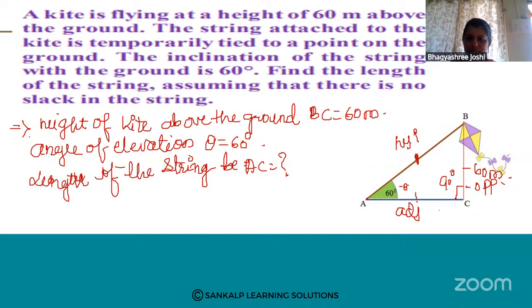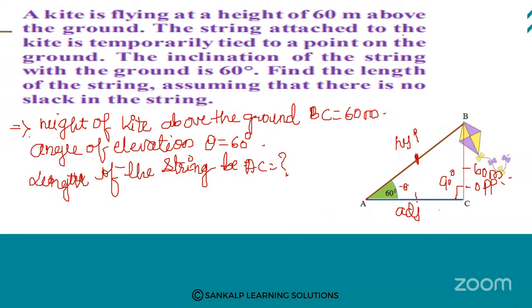So length of the string means AC value we want. For that, opposite side divided by hypotenuse we want. So this is the ratio of sine theta.